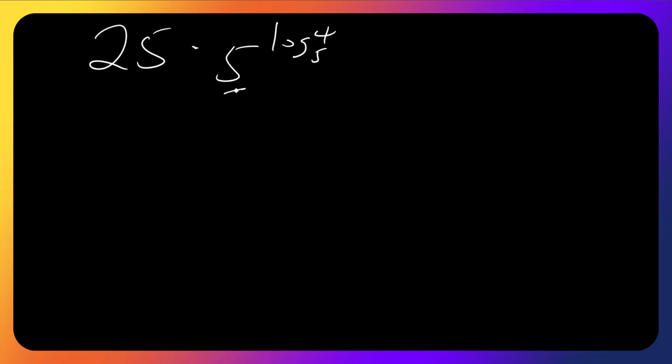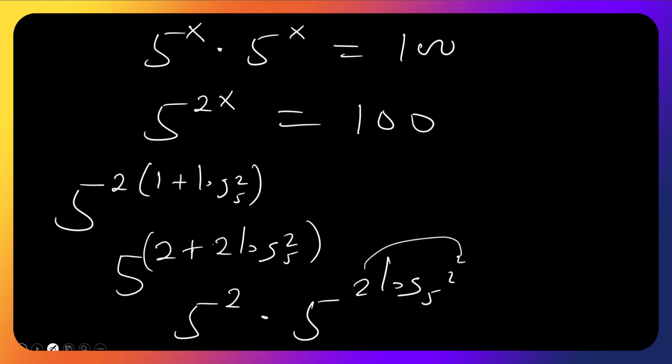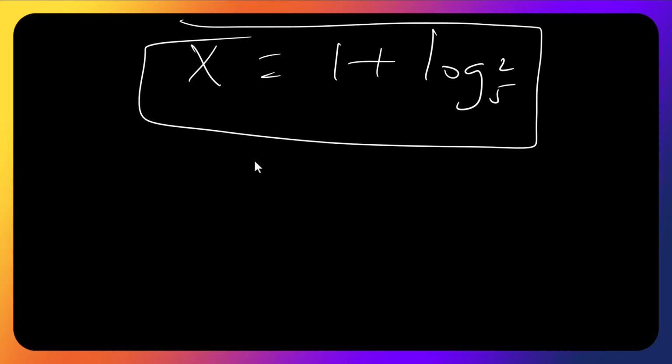So remember the property, we have 4, so 25 times 4, which is 100. All right, hence proved. So the correct answer is x equals 1 plus log 2 to base 5.